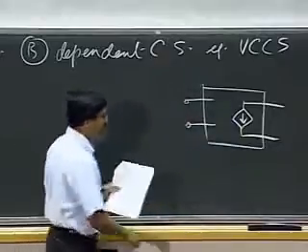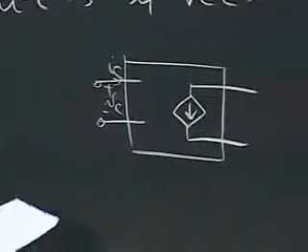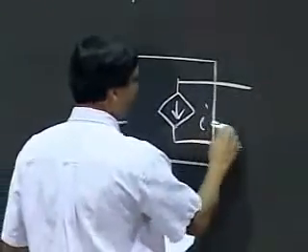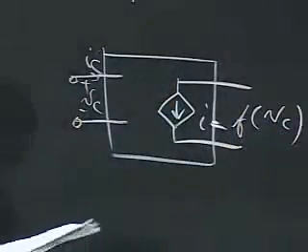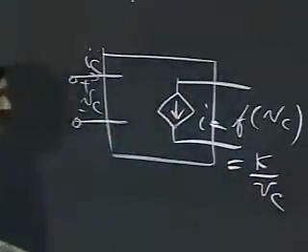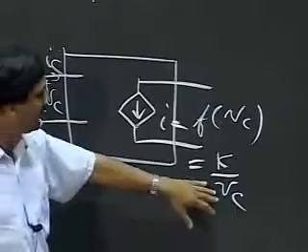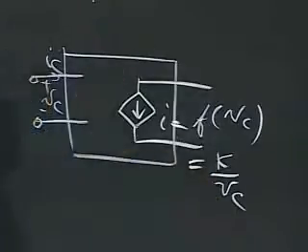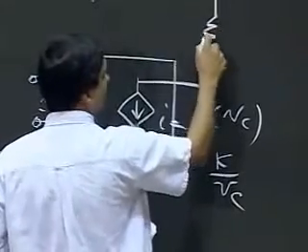Here's my current, and let's say this is VC, IC, the control port, and similarly, let's say my current I here is some function of the control port voltage. To be specific, it is K over VC. There are a variety of dependent sources that can be built, and here's a hypothetical device where the output current is mathematically related to the input in the following manner. So let me build a circuit of the following form.